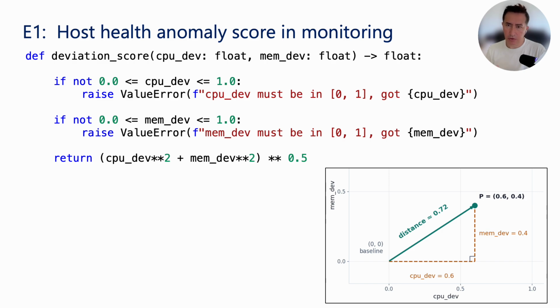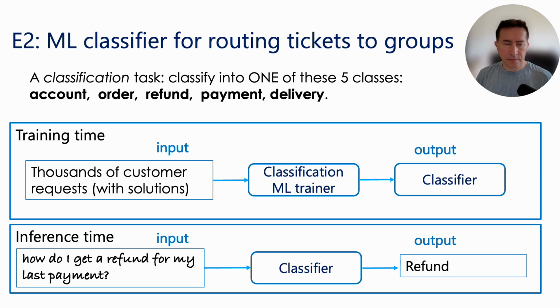Just as a reminder of the previous session, this is the health anomaly scoring function. There is no AI, simple function, 2 parameters in, does a check on parameter, and then returns a formula based on the input parameters. Now the ML classifier is where things start to be, let's say, interesting. We have a training phase where we want to build a model that can predict and classify tickets into one of 5 different categories.